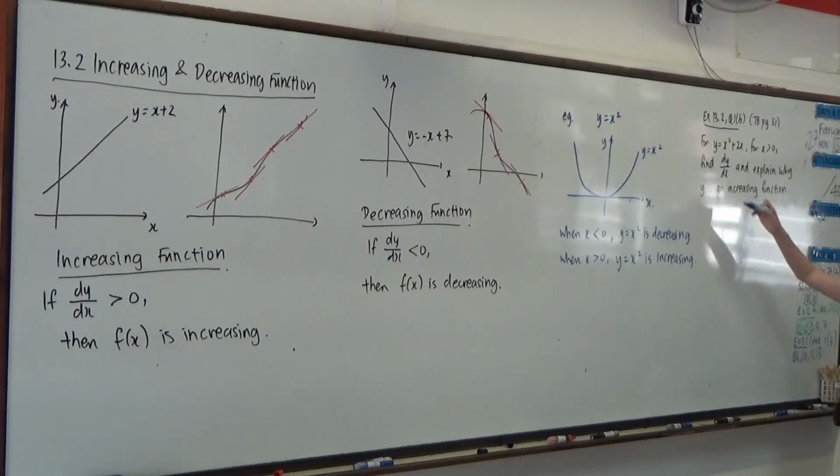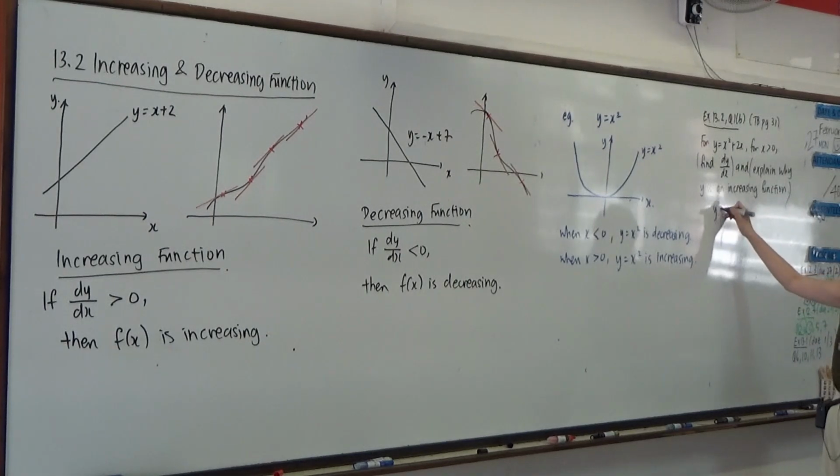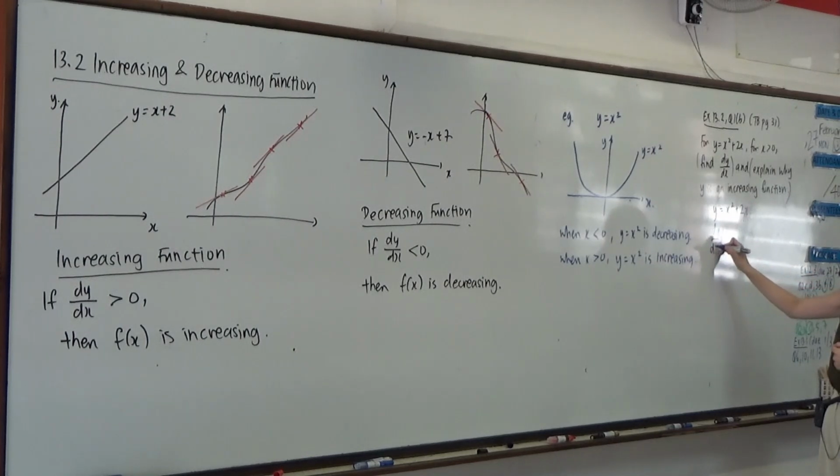That's the first part of the question. The second part asks us to explain why y is an increasing function. Looking at y equals x squared plus 2x, our dy over dx will be 2x plus 2.